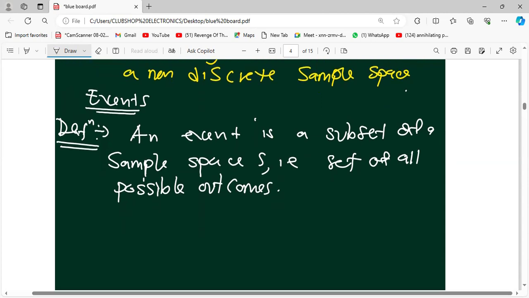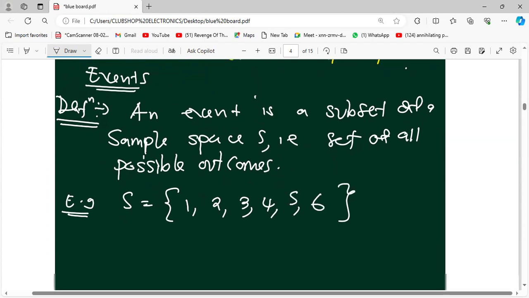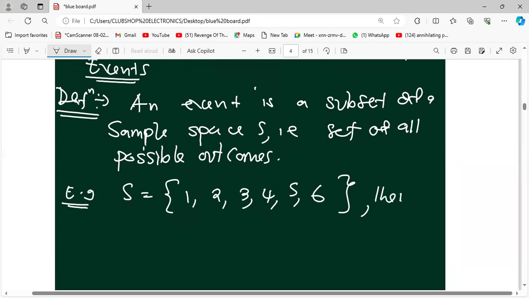So if we have a sample space, for example, 1, 2, 3, 4, 5, 6, then if we isolate the numbers in there, for example, just 1 is an event in this regard, right?